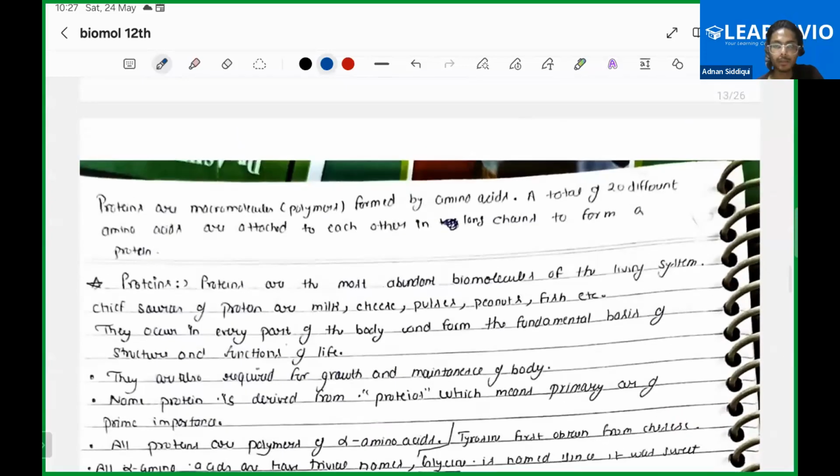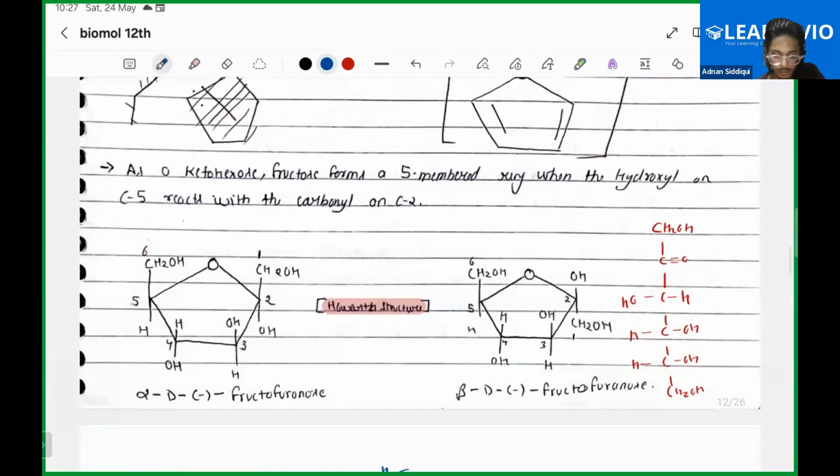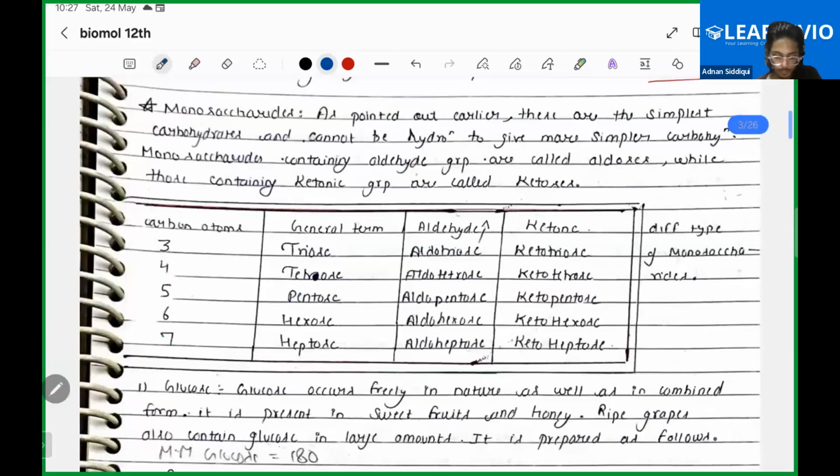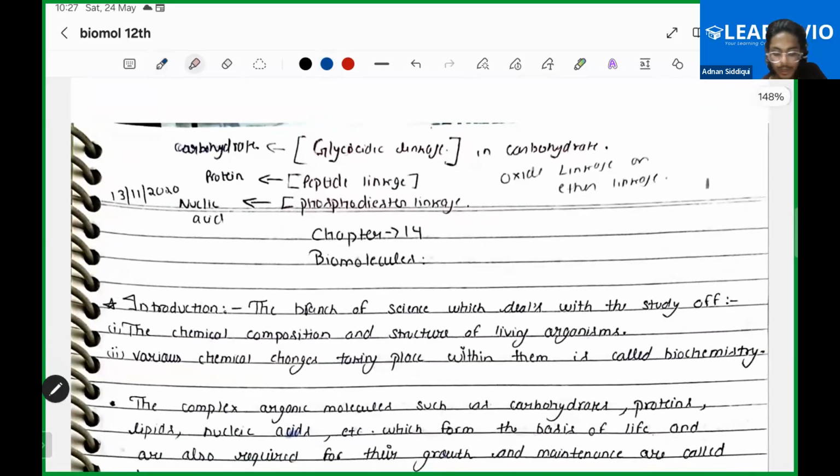So the carbohydrates part is complete. One last thing that I would like to mention is they might ask you the type of bonding. In carbohydrate, the linkage that we use is glycosidic linkage if we are connecting two monosaccharides. The bond that will be formed between them is going to be a glycosidic bond.